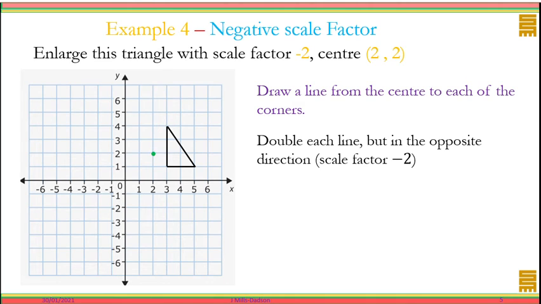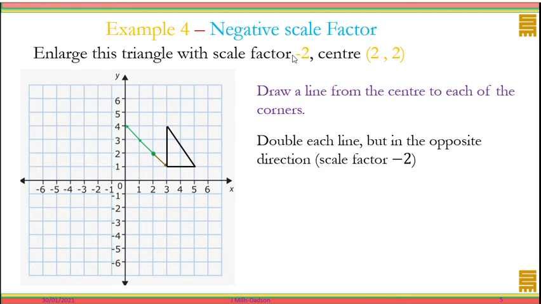Center 2, 2. Our first corner is 1 diagonal away. So we're going to double this 1 diagonal, which will be 2 diagonals. We're going to do it on the opposite side. That's what I mean by opposite side. Instead of doing it this way, no, you're going to do it on the opposite side.